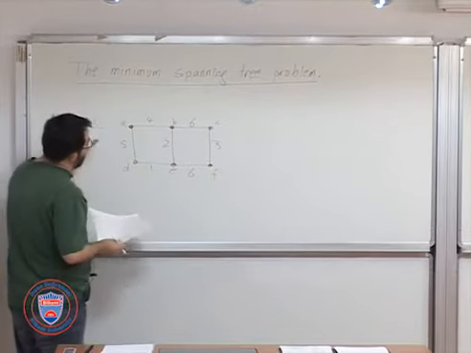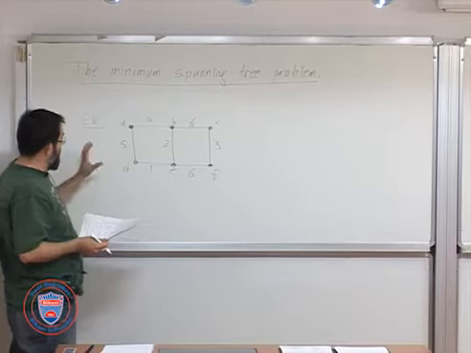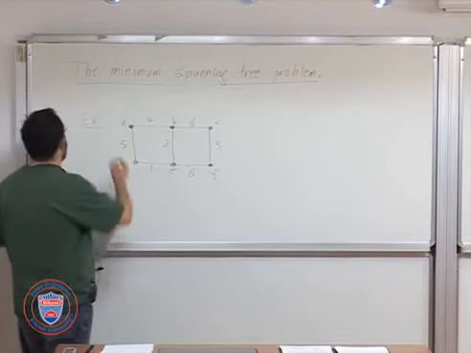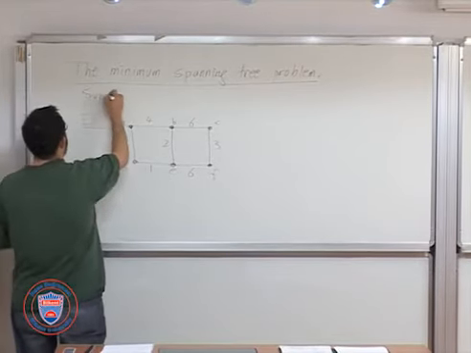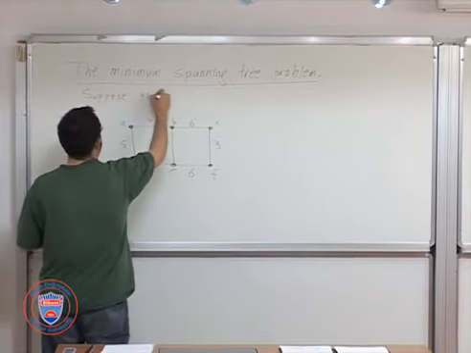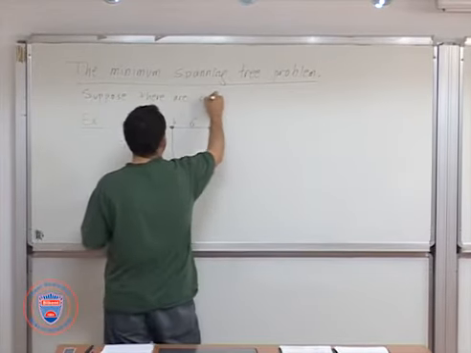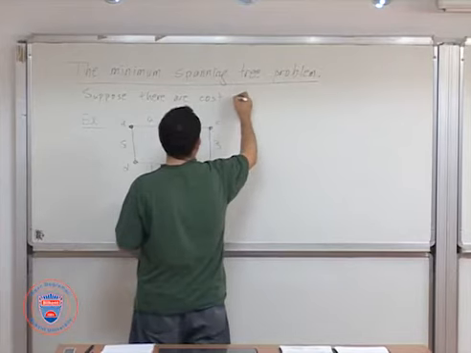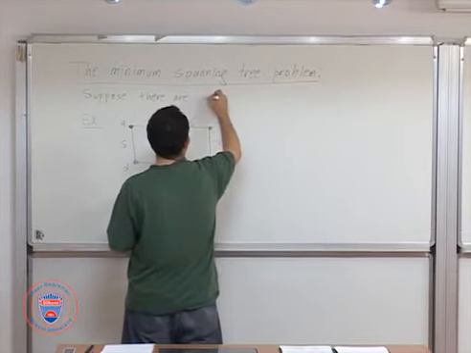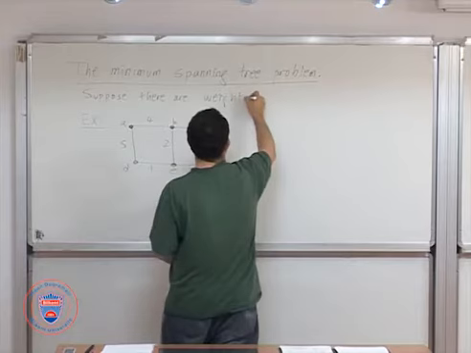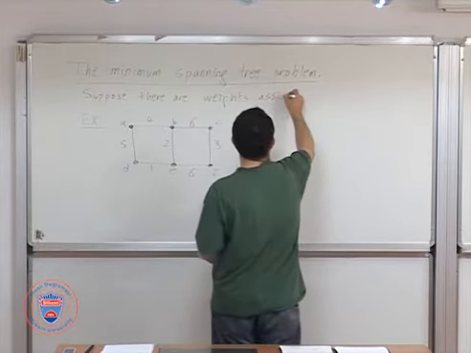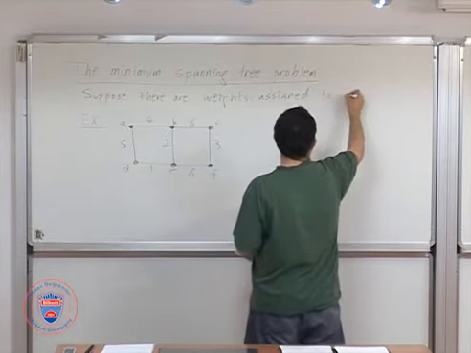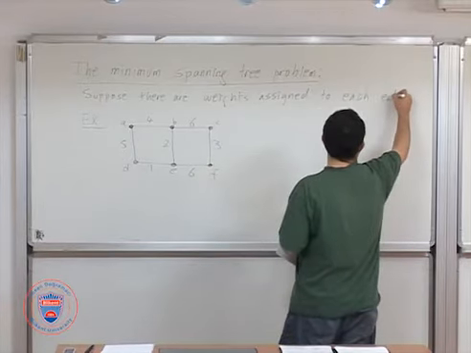More generally, actually, you can say there's a weight assigned to each pair. Okay, so suppose there is a cost, weights assigned to each edge on a graph.